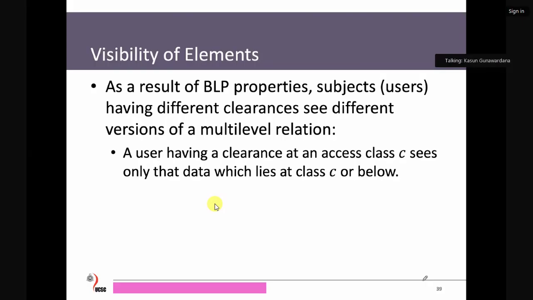Users with different clearance levels would see different instances of a multi-level relation. So it is not the same version of the relation that is seen by a user at top secret level and a user at unclassified level. A user having a clearance at access class C sees only the data which lies at class C or below.